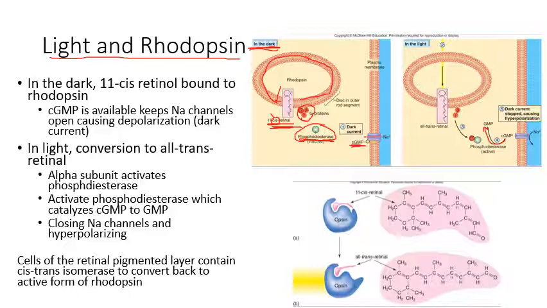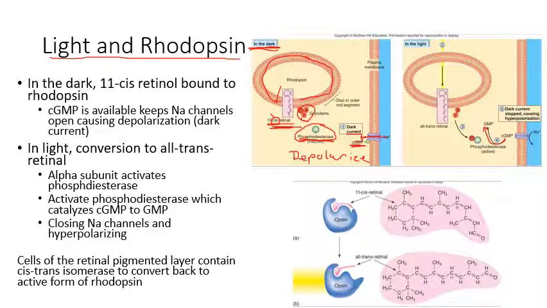This is what we call the dark current, the sodium moving in when it is dark. If sodium is allowed to move in, this cell is being depolarized. What does depolarization cause? It usually causes release of neurotransmitter.